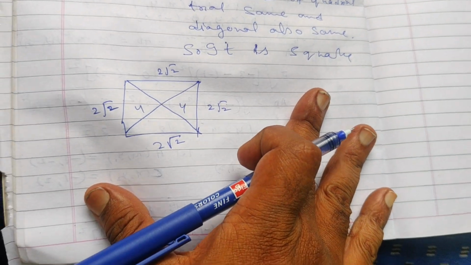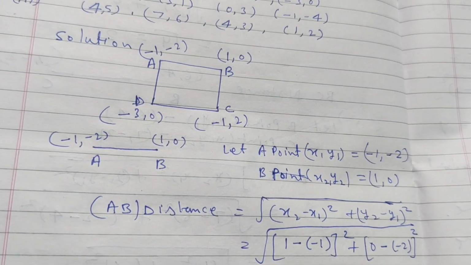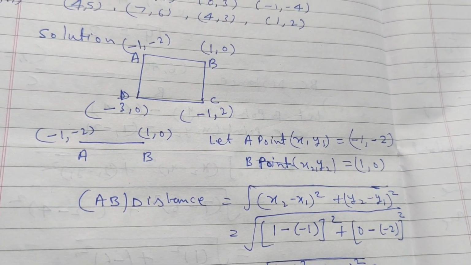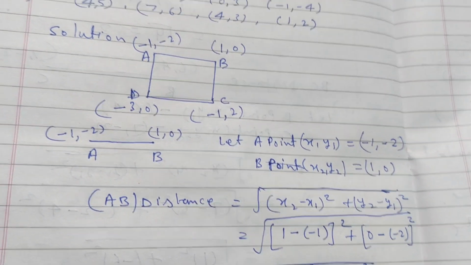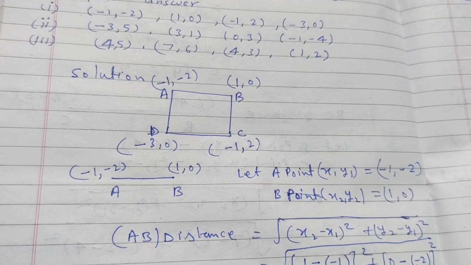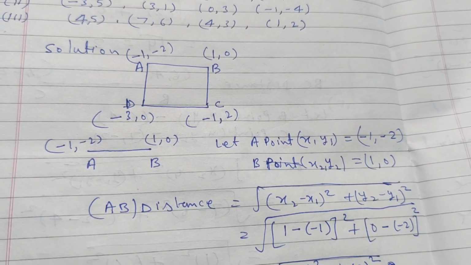Let us recheck. We have a question, and here we checked whether it is a square or not. The points are (-1, -2), (1, 0), (-1, 2) and (-3, 0).